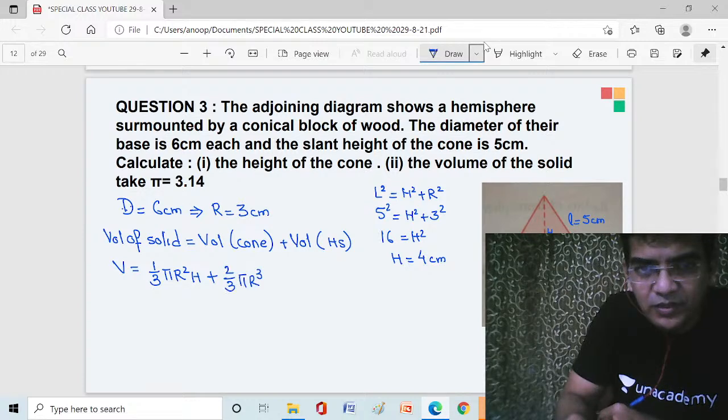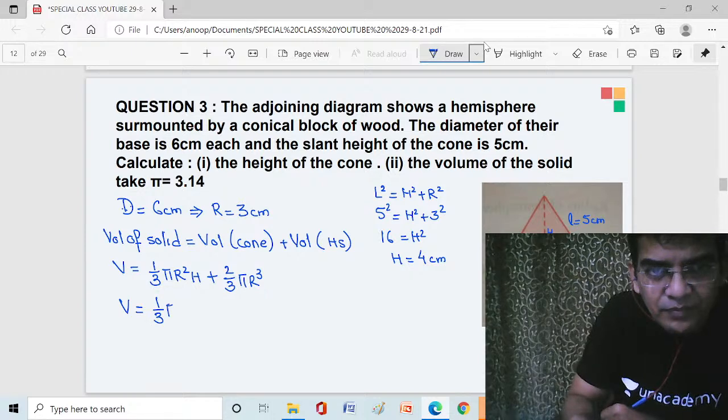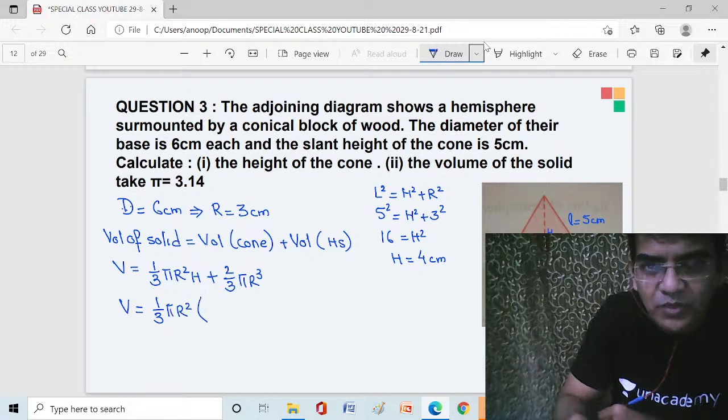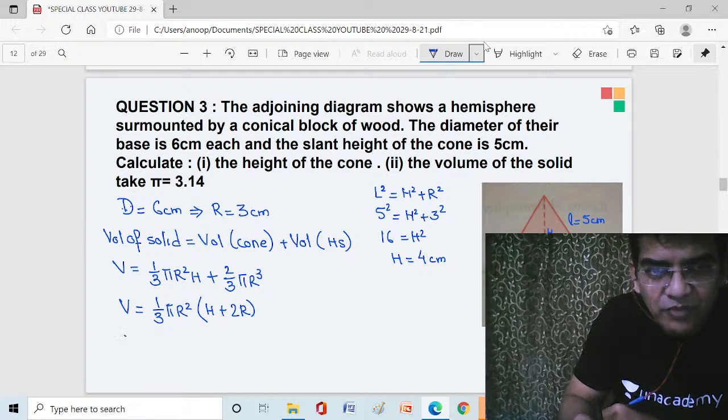Now in the formula you can see 1 upon 3 pi r square can be taken common. So here we are left with h, and here you are left with 2r. Remember, taking common will always make your calculation easy.